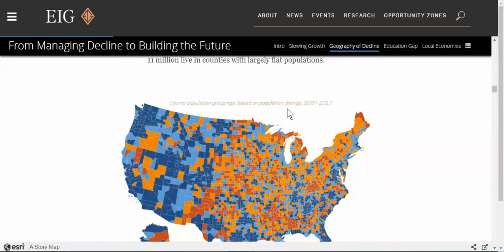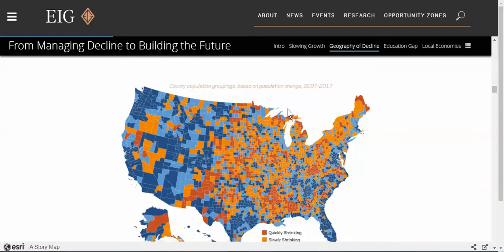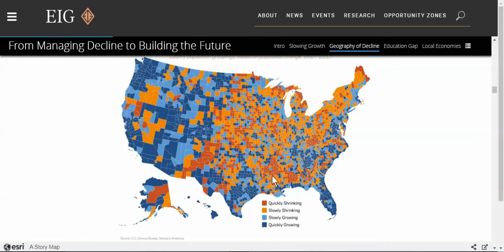So in other words, the change in the population in a county. And what they've done here in terms of the legend, or the scale if you will, is that they've put it really only into four categories. Those counties that are quickly shrinking, losing a significant amount of population, those that are shrinking slowly, those that are growing slowly, and those that are quickly growing.